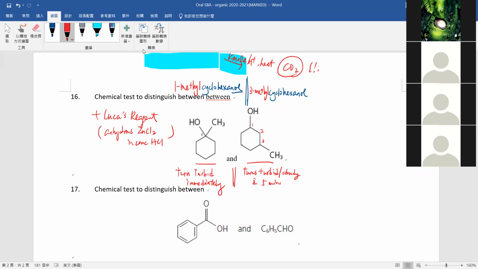What is the nature of the alcohol for these two cases? The first one, 1-methyl cyclohexanol, is what alcohol? What is the type of alcohol between the two samples?